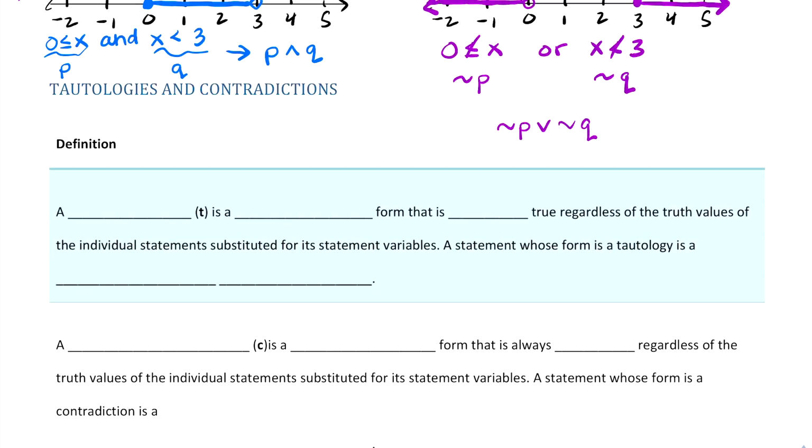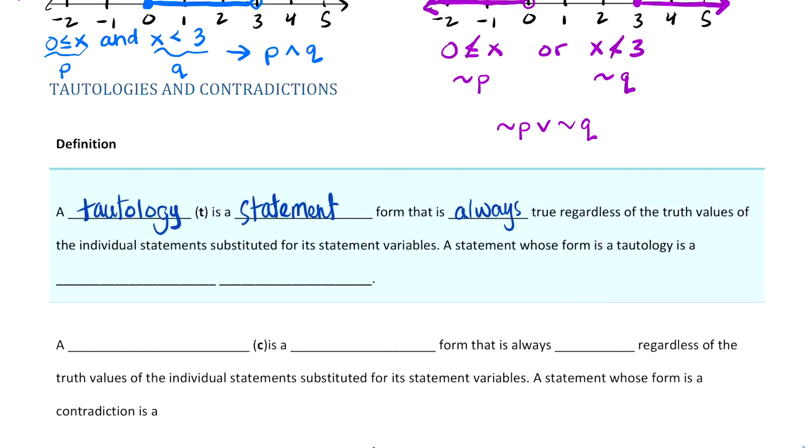Okay, so tautologies and contradictions. A tautology, denoted T, a bold T in typeface, is a statement form that is always true regardless of the truth values of the individual statements substituted for its statement variables.